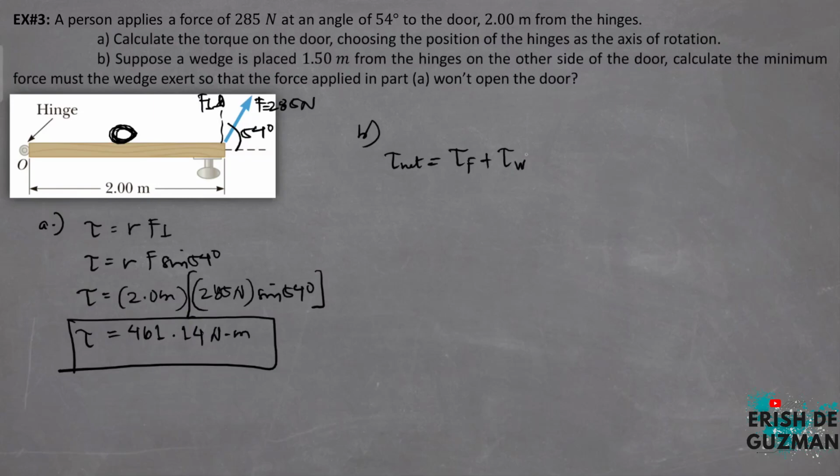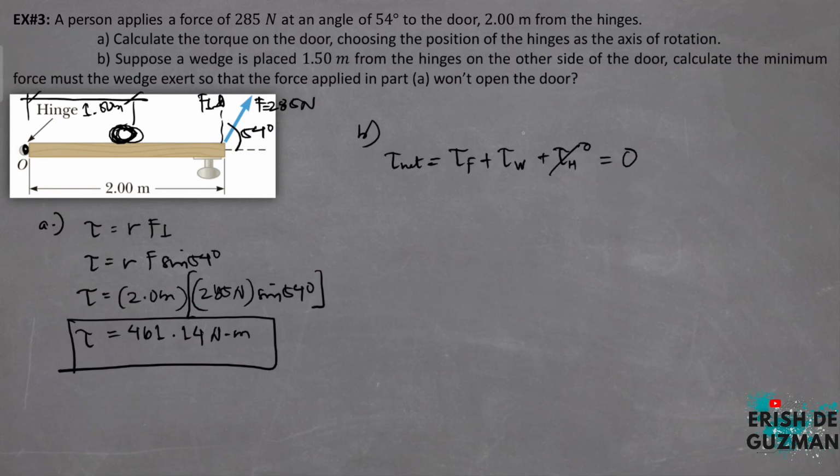This is torque wedge plus yung torque ng hinge, which is 0 kasi nandito siya mismo, wala siyang radius, 0 na agad dito. And again, 0 lahat ito kasi hindi na siya magkakaroon ng motion, 0 na lahat yan. So, para ma-solve natin yung force ng wedge, again, yung wedge is applied 1.5 meters ang layo dun sa hinge. Say, this is 1.5 meters.